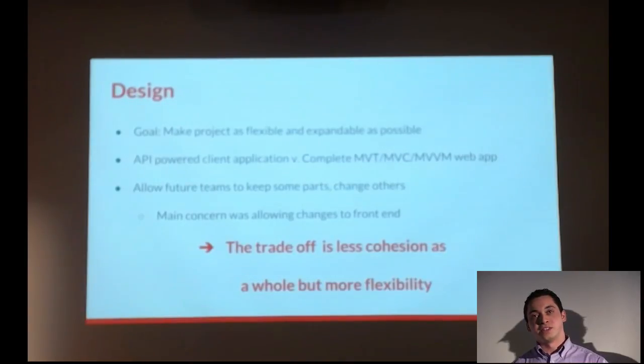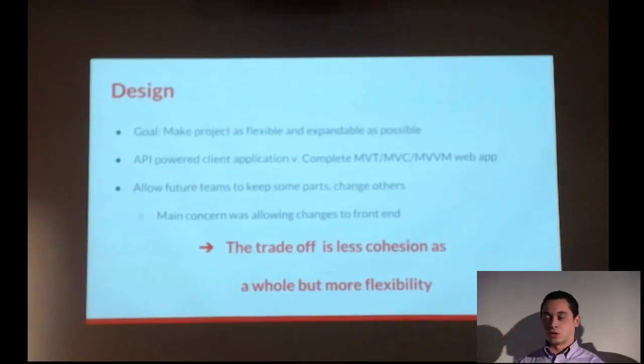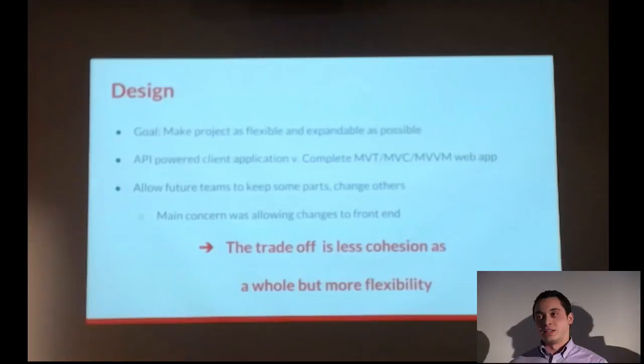The trade-off with this is that the project as a whole is less cohesive. Right now we have two different repositories, one for our front end and one for our back end. They're both deployed independently from each other. So it is less cohesive in that sense, but with our workflow, we thought it was worth it, because it makes the application that much more flexible.